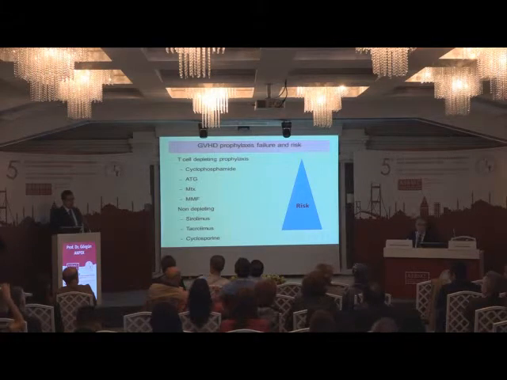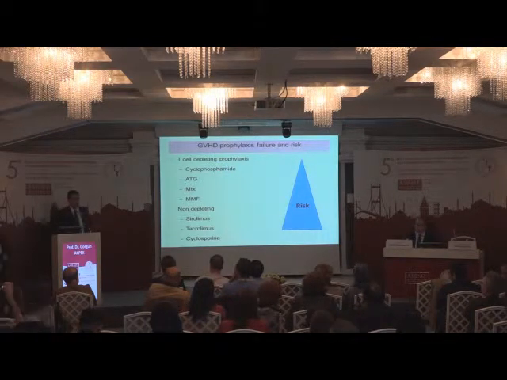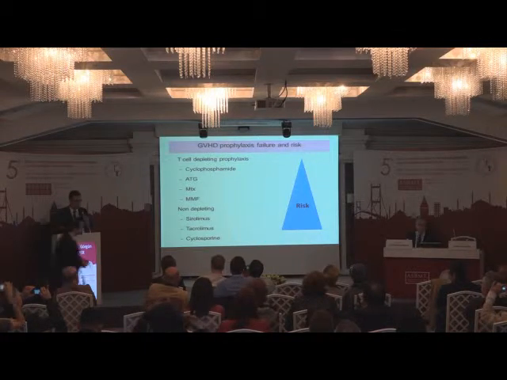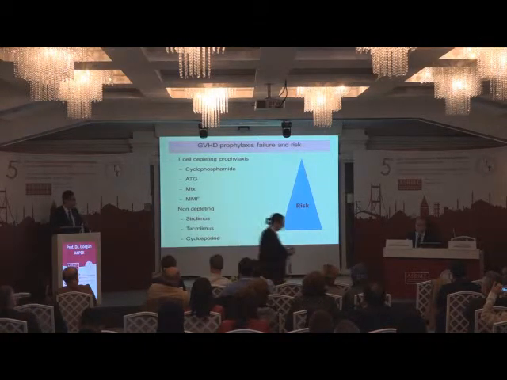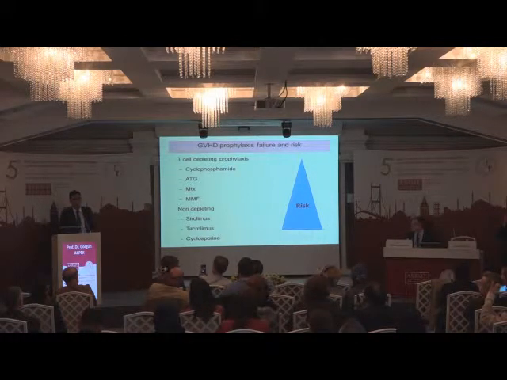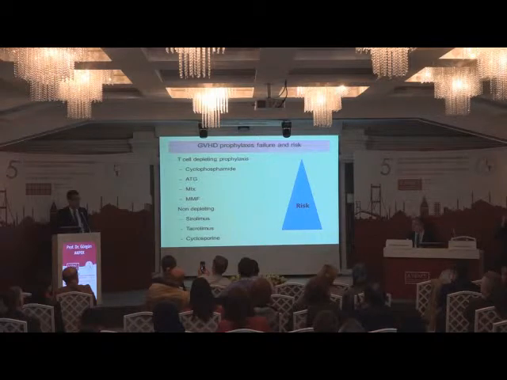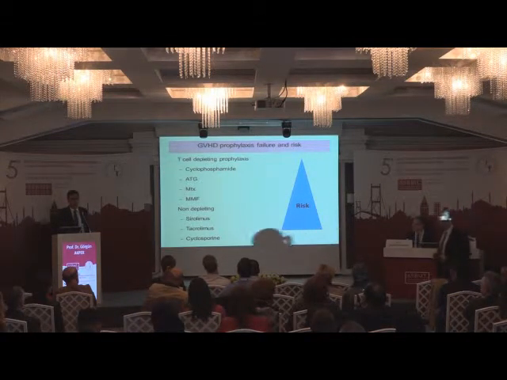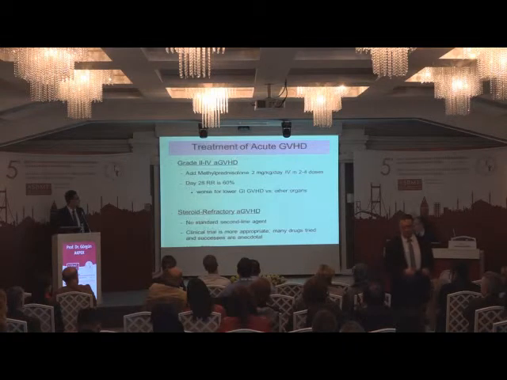ATG, methotrexate and MMF are all T-cell depleting agents to control or prevent graft versus host disease. But sirolimus, tacrolimus and cyclosporin don't get rid of the T-cells, and you get more graft versus host disease with them. So in clinical practice we tend to combine non-depleting and T-cell depleting agents to minimize or prevent graft versus host disease.